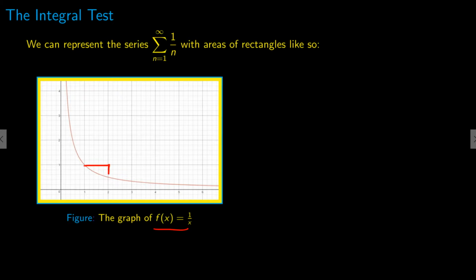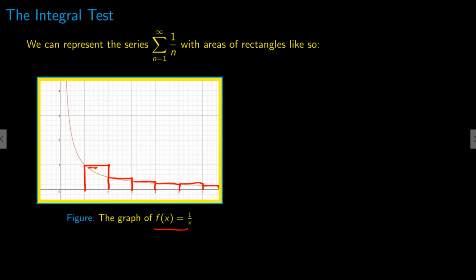We'll get a rectangle of area 1, and then a rectangle of area 1/2, 1/3, and so on. Like this. And we notice that the areas of the rectangles actually overestimate the area under the curve.